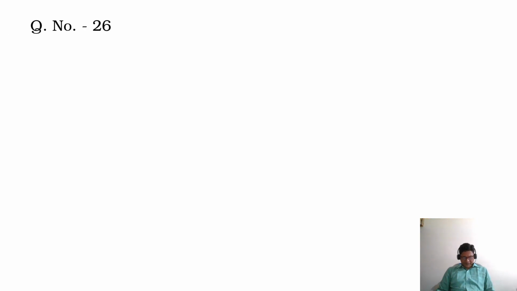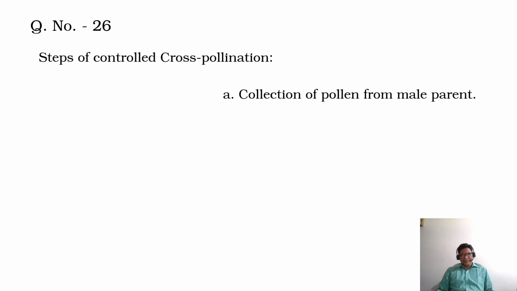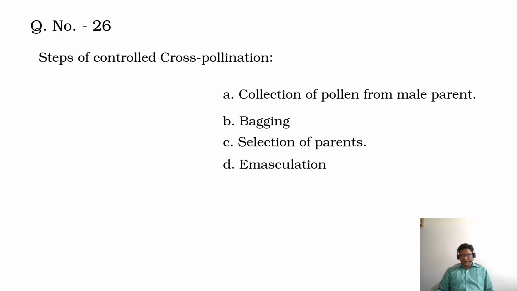Question number 26. Given below are the steps of controlled cross pollination. The steps are: A. Collection of pollen from male parent, B. Bagging, C. Selection of parents, D. Emasculation, E. Dusting of pollens on the stigma, F. Rebagging.